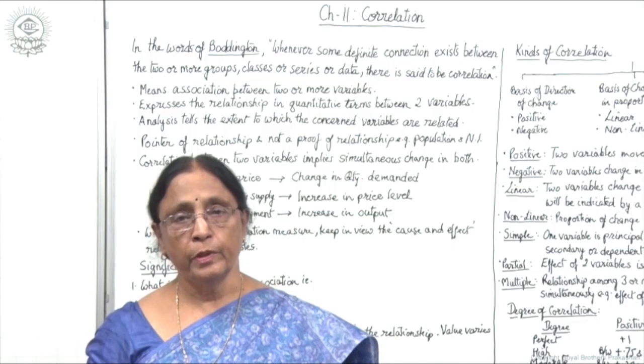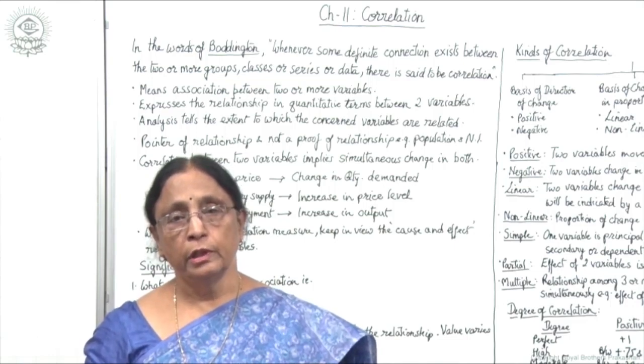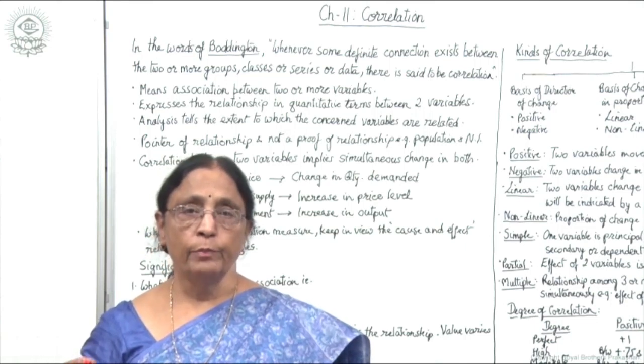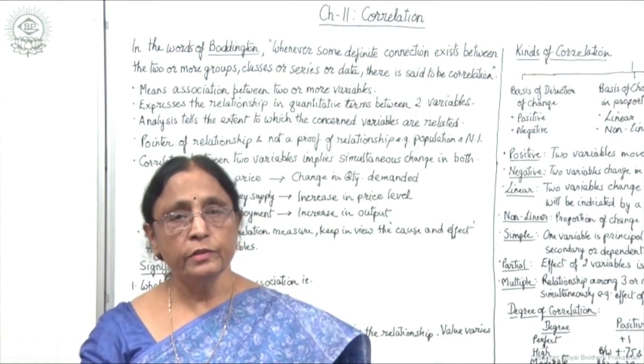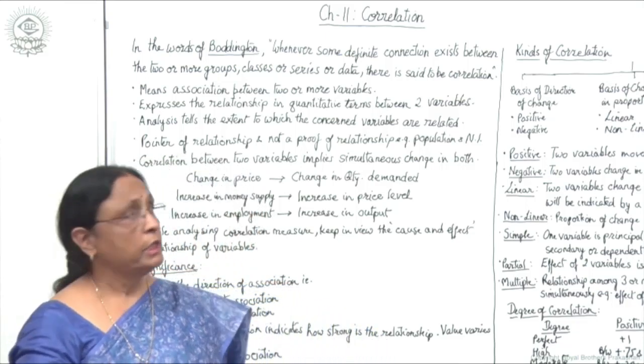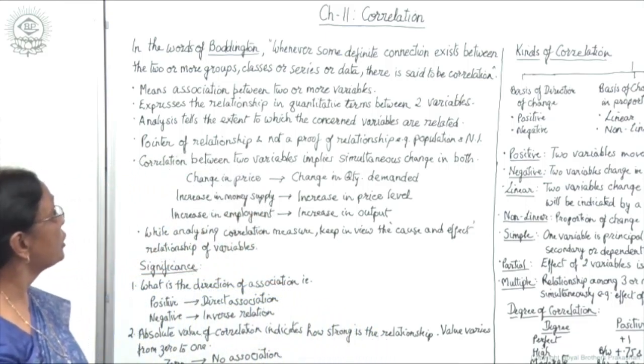And the relationship shows the variation of series in a particular direction, and this relationship is known as correlation. So this is a measure of correlation.